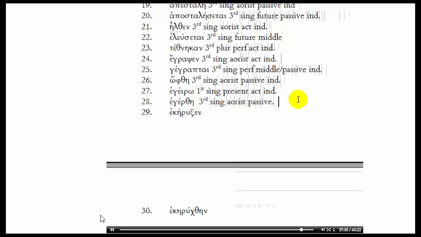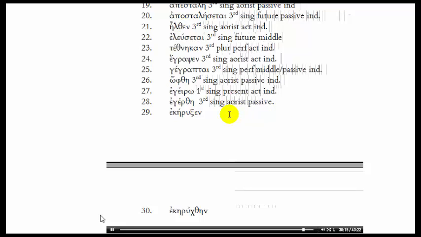Well, he was raised up, he was raised. Egerthe. You see that a lot, speaking of Jesus: he was raised. So principal parts of ageiro are ageiro, egero, egera, egegermai, and egerthen. There is no principal part 4 for that one.